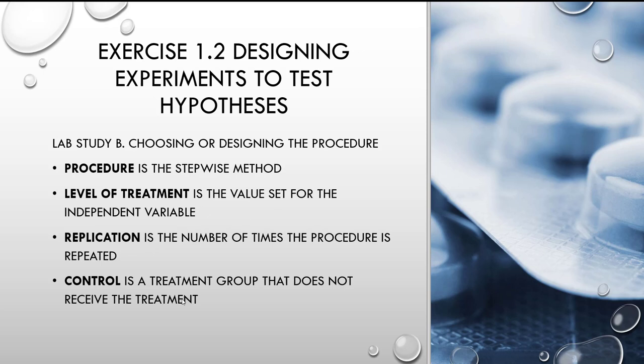And then finally, the control is a treatment group that does not receive the treatment. Sometimes there's a control group as a group for comparison. In this case, we don't really have a control group, a group that we don't give the treatment to. We have a treatment for all of them.